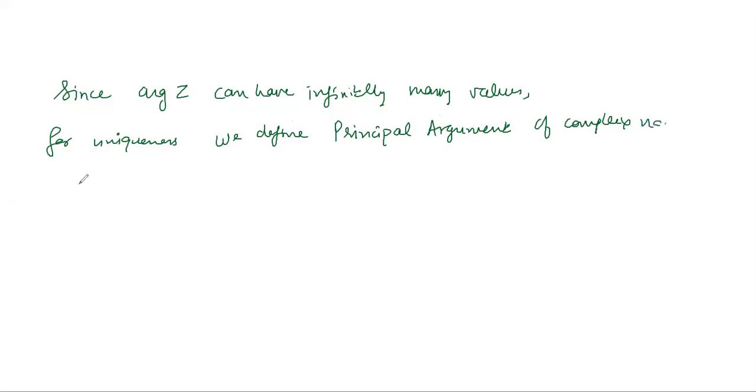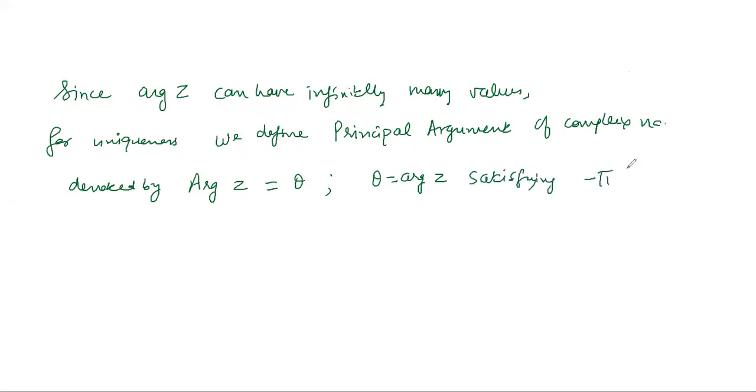So principal argument, this is denoted by capital ARG Z. Okay, and how it is defined, हमें कौन सा pick करना है? So capital ARG Z is actually that value of theta, where theta is obviously any particular value of argument Z, but it should satisfy minus pi to pi, right?